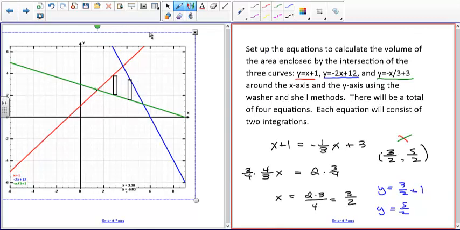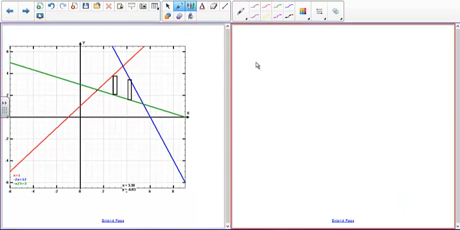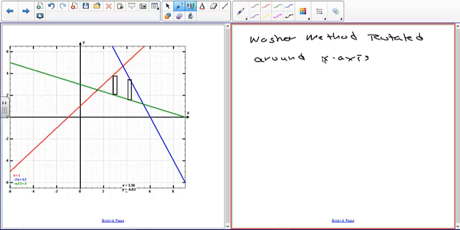Okay, so now the first thing we're going to do, we're going to add a page here. The first thing we're going to do is the washer method rotated around the x-axis.